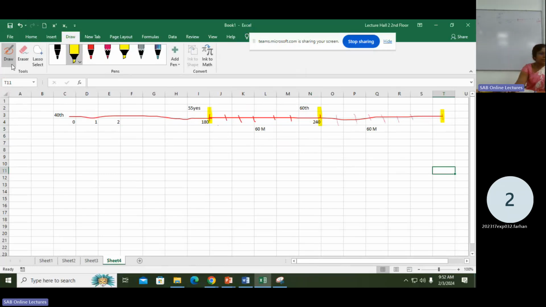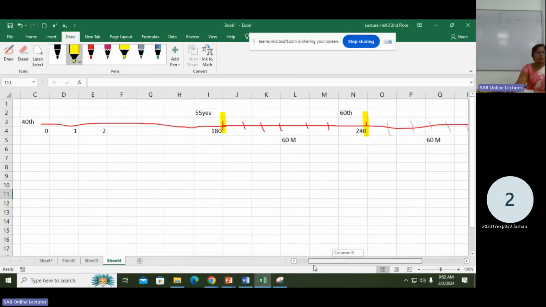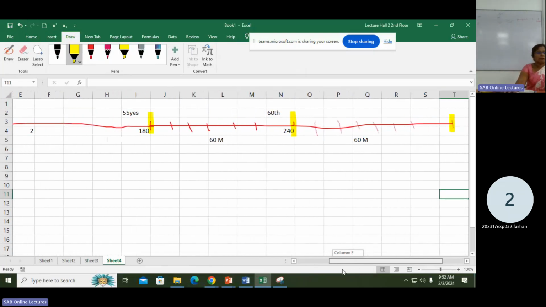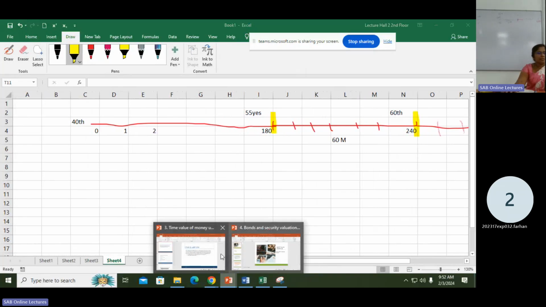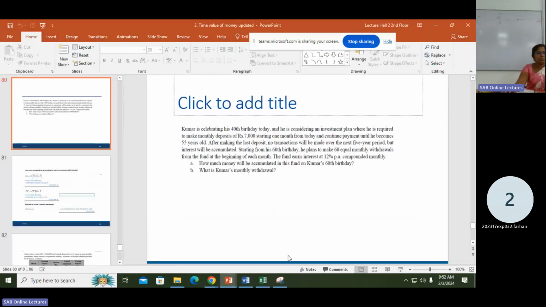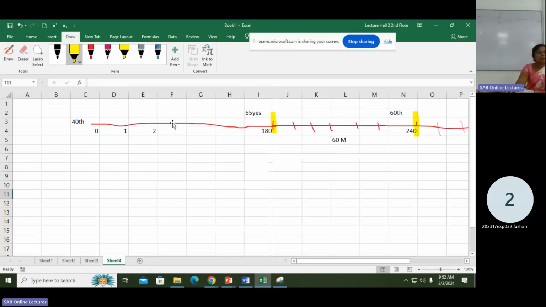From where do you start this one? So first you can calculate. In the question it says your monthly deposit is 7,000. So you are depositing 7,000 at the end of each month for 180 months in the account which pays 12% interest per annum.